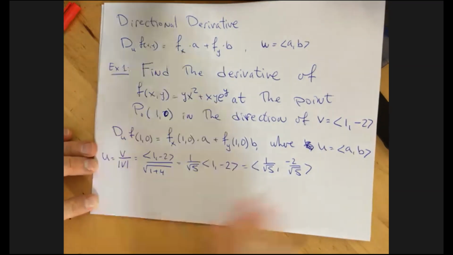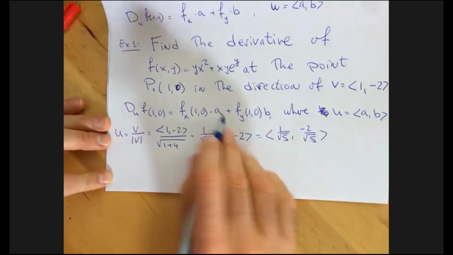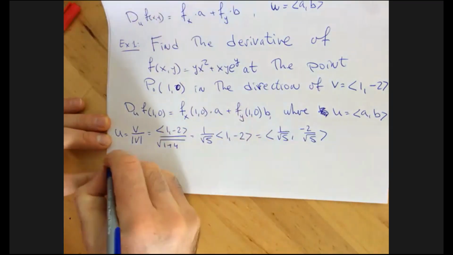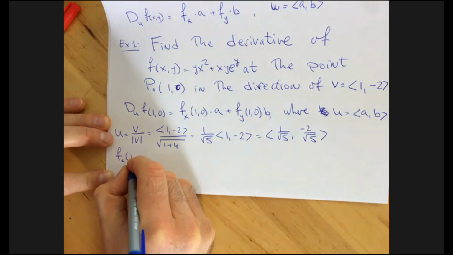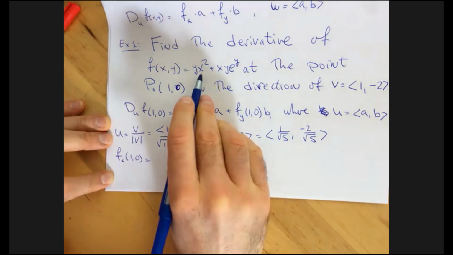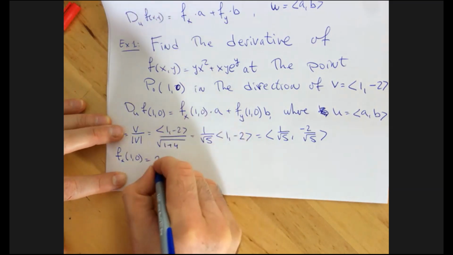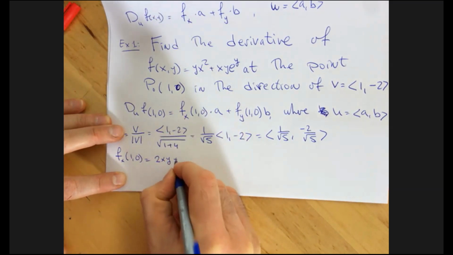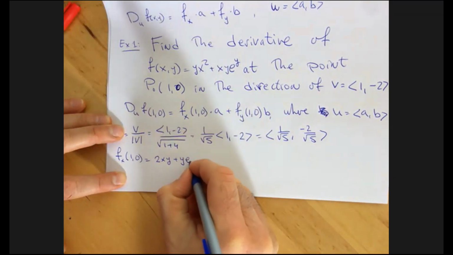Then partial f, partial x, and partial f, partial y evaluated at the point. The derivative of xy squared with respect to x is 2xy, plus here both of these are being treated as a constant, y times e to the power of y.